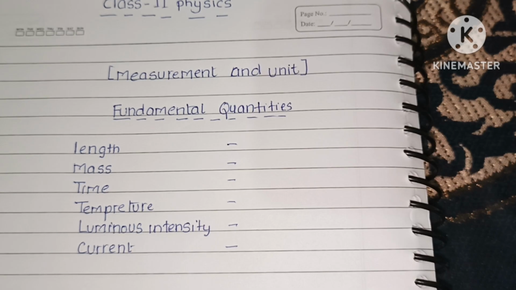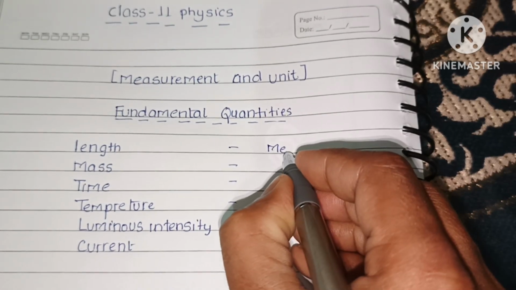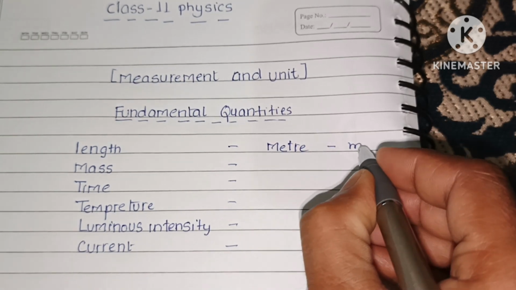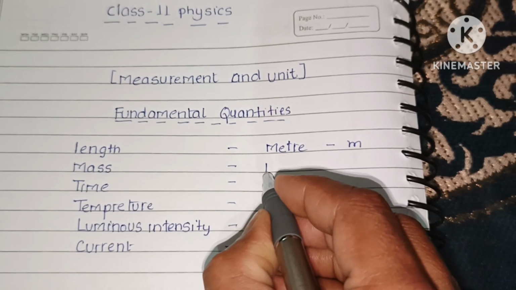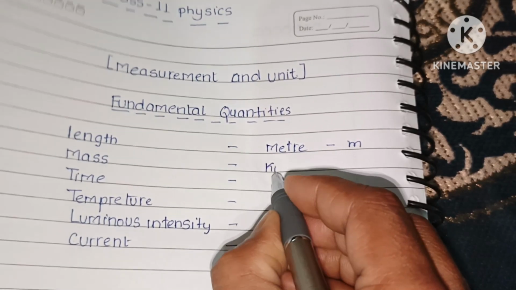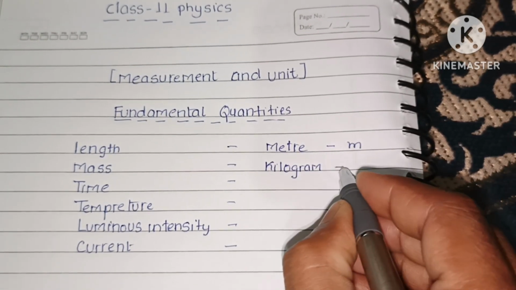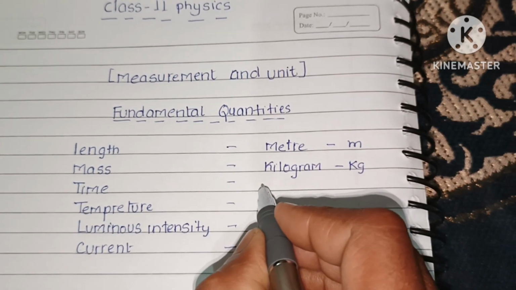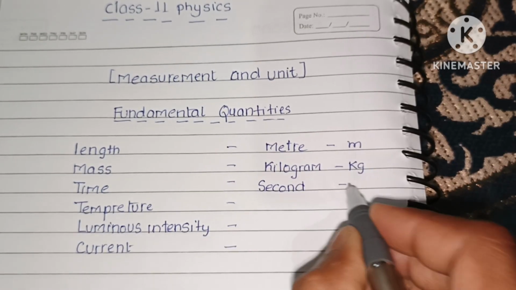If we talk about the unit of length, it is meter, represented by small m. Mass unit is kilogram, represented by kg. Time, second, represented by small s.